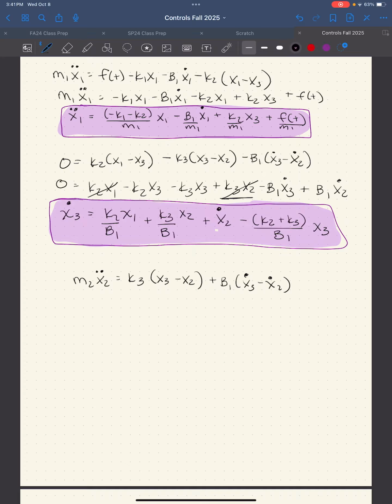Lastly is this last equation. So this last one, I want to take this x3 dot and I want to substitute in the equation above.